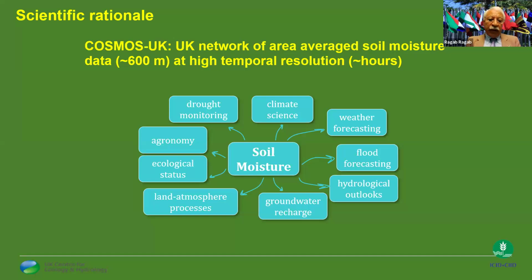So we use the Cosmos here for so many things: drought monitoring, climate science, weather forecasting, ecological status, land atmosphere processes, groundwater recharge. So we use the Cosmos not only for irrigation, but for so many things. Irrigation is not practiced as in other countries here in the UK, but it is used for flood predictions.